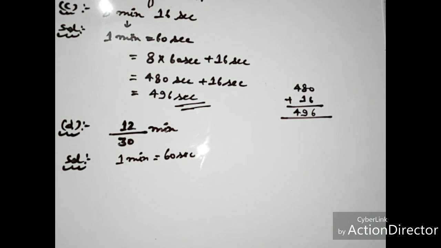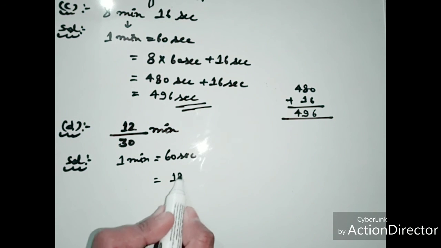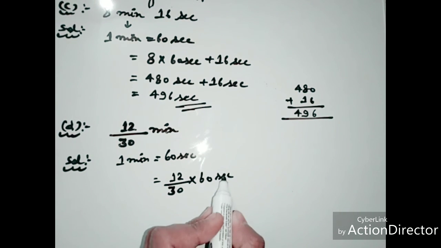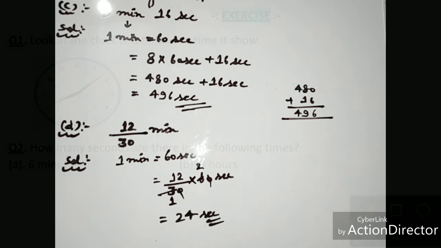So we multiply 12 upon 30 by 60 seconds. The 0 cancels out by 0, 3 ones are 3, 3 twos are 6, and 12 twos are 24 seconds. So if we convert 12 upon 30 minutes into seconds, we get 24 seconds.